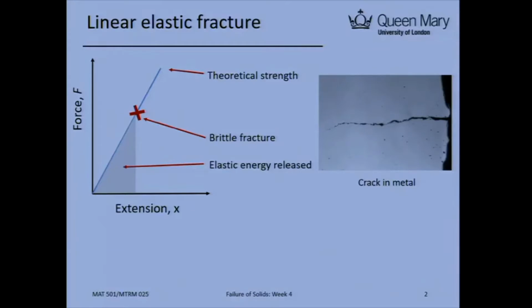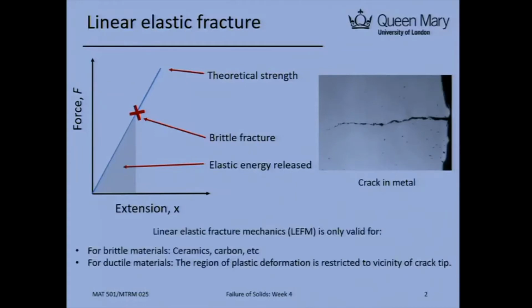For a relatively brittle metal, that means the metal has some carbon content inside to make it much stronger, but at the same time it reduces its toughness, so it becomes very brittle. Brittle materials, as I said, are ceramics and carbon.